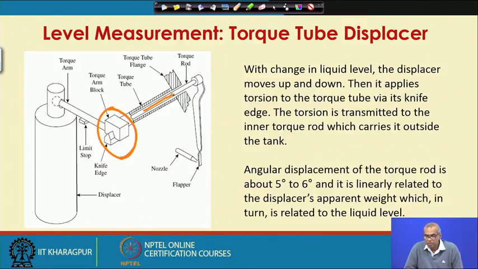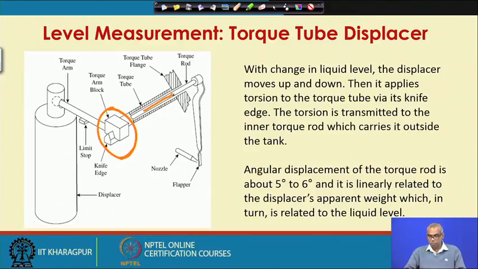Angular displacement of the torque rod is about 5 degree to 6 degree, and it is linearly related to the displacer's apparent weight, which in turn is related to the liquid level. We have seen this when we talked about displacer type liquid level measurement.